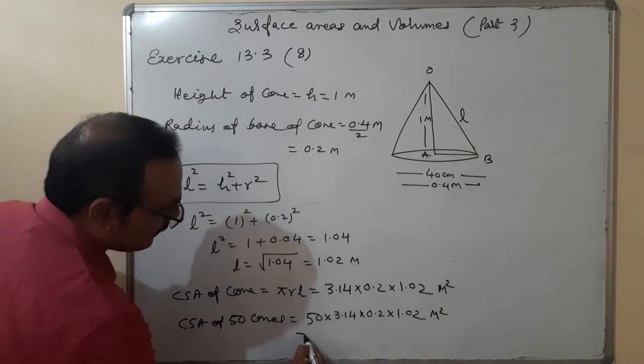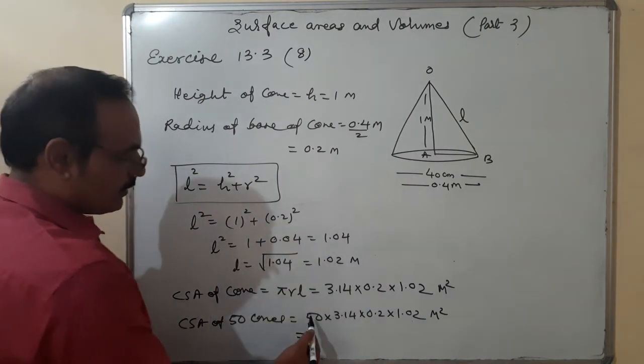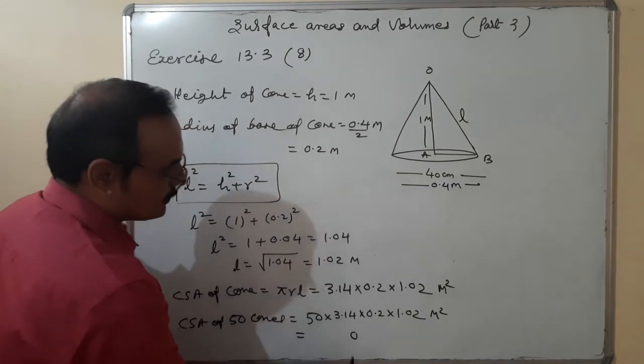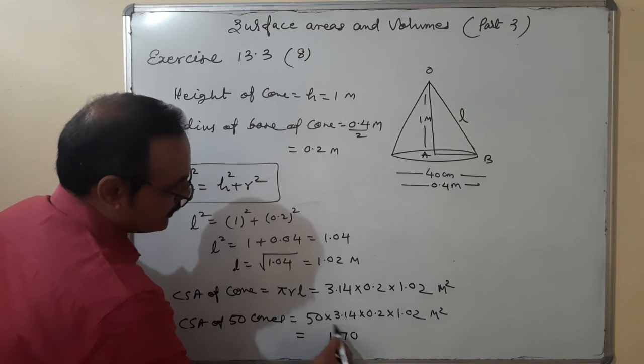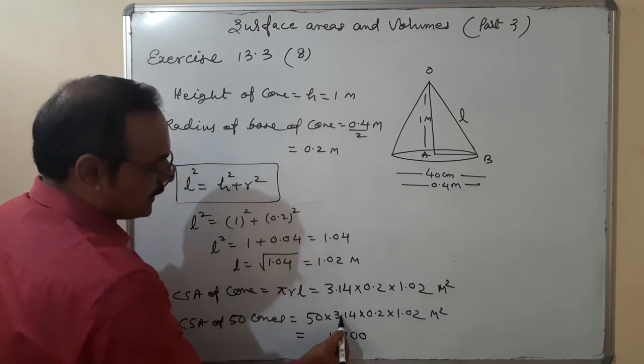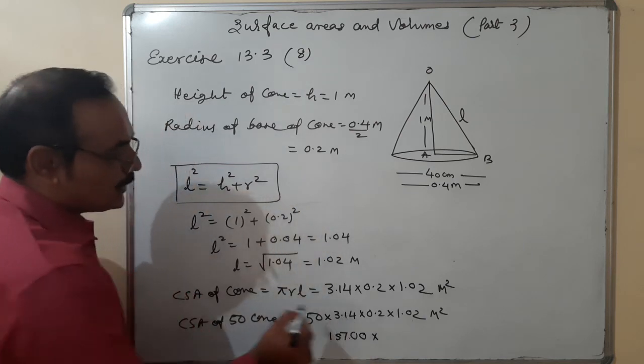When I calculate the terms, first 157 is multiplied, after decimal there are two places.